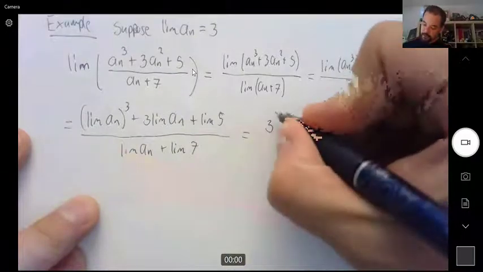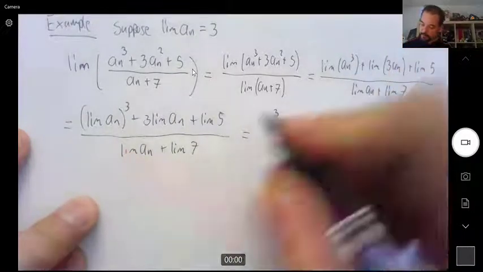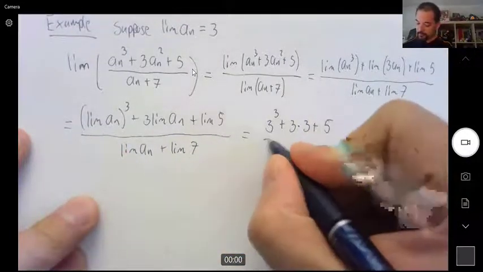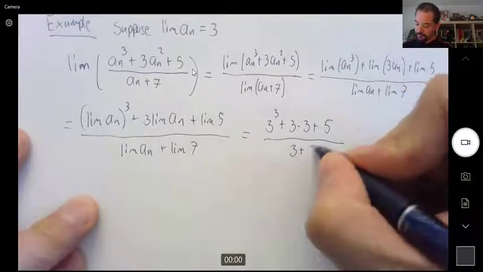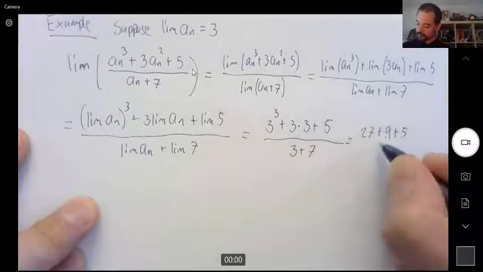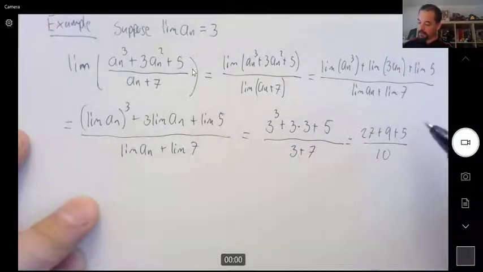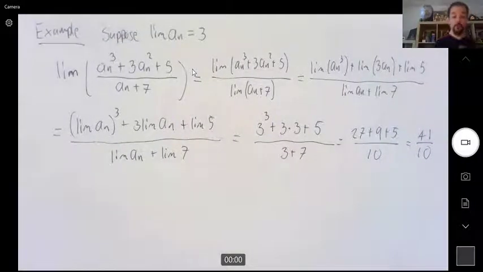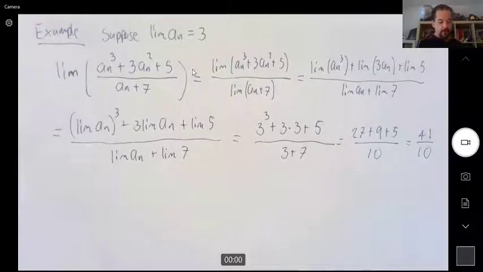So we get 3 cubed plus 3 times 3 squared plus the limit of a constant sequence, which is the number itself. We learned that before as well. And so the denominator is 3 plus 7. Whatever this number is, let's see, it's 27 plus 27 plus 5 divided by 10. That's going to be our answer, right? That's 41 tenths. A little example of how those properties are quite useful to do the limits of a whole bunch of sequences. All right.